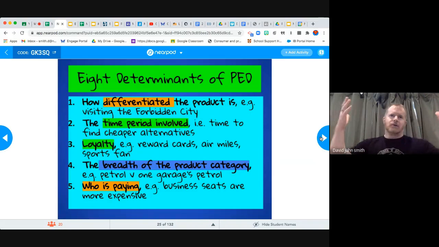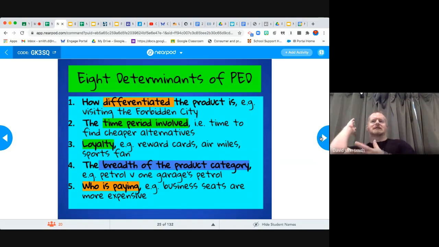You're the only person to get to see the Forbidden City. Yes, you'll pay the money. It's the World Cup final. It's the NBA Grand Final. It's a one-off event. You're prepared to pay potentially whatever the price. So it's a differentiated product.